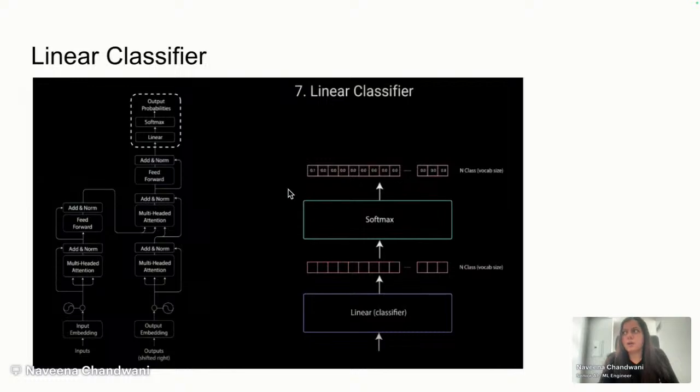As we saw, it will give you a probability distribution over all of these words, a probability for each word in your vocabulary, and the sum of these will be 1. Then the word with the highest probability value is picked up and outputted. So here we have output probabilities.